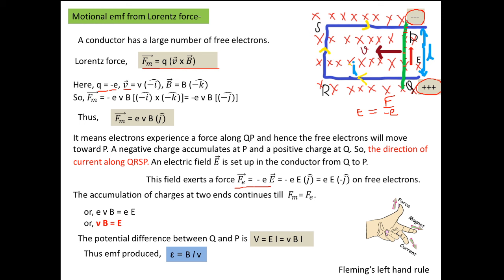This electron will experience a force along this direction, and the polarity will continue at both ends P and Q until the magnetic force and the electrostatic force on the electron become equal.